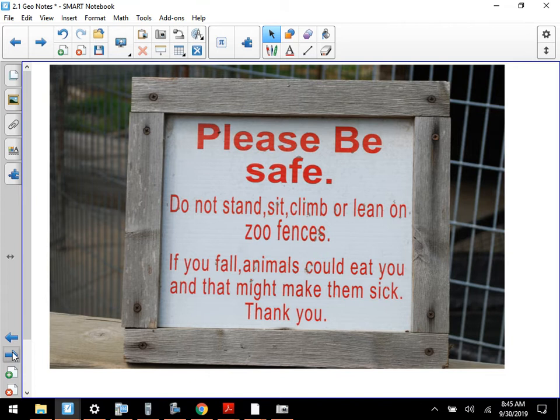Read this. What is something you can come up with after reading that sign? Someone's gonna, because they care about the animal when they do that. Exactly. That's a really good one. Every year when I show this picture, that's usually what I get. I always get at least one person to say that they care about the animals more than you. They're basically calling you dirty.